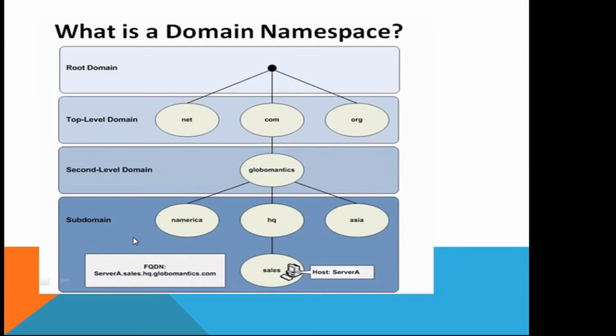Now your request comes to the top level domain, like .com. If .com has the information about globalmetrics, it will give you the IP address of globalmetrics, and if there is any subdomain or second level domain, it will route you to that domain. I guess that's quite enough to understand. Now we'll go ahead.